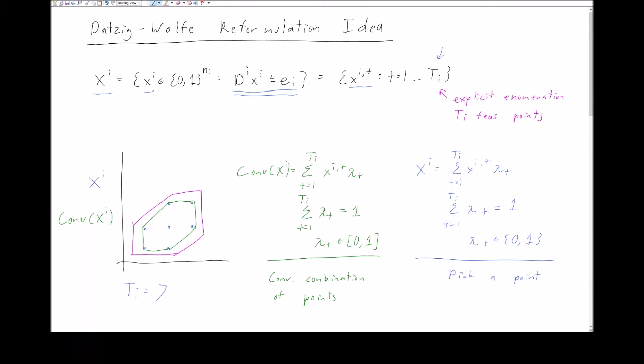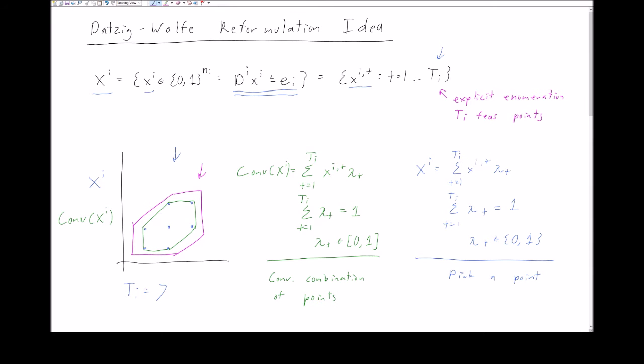To see how this formulation is going to work, we go back to our initial ideas about how feasible sets are formed. In this case, we have our set of points, capital Xi, and those are the blue points labeled. We have our set of linear constraints, DiXi, and in this case, we've said that the DiXi are going to be these linear constraints associated with the pink polytope, or polyhedron.